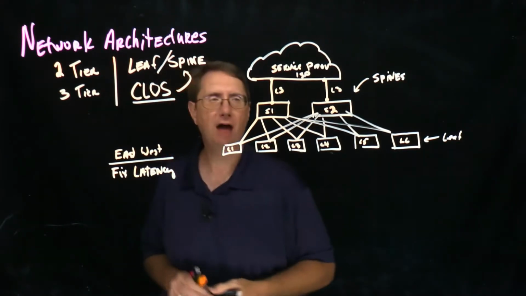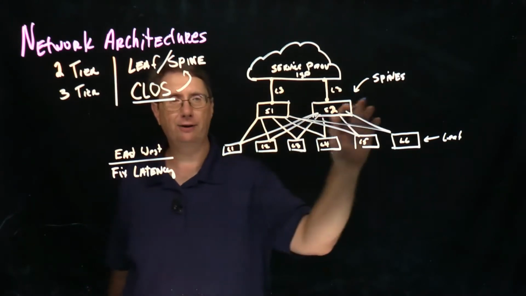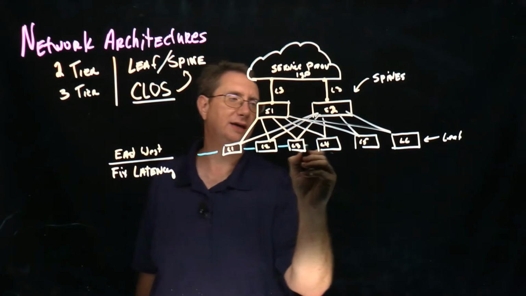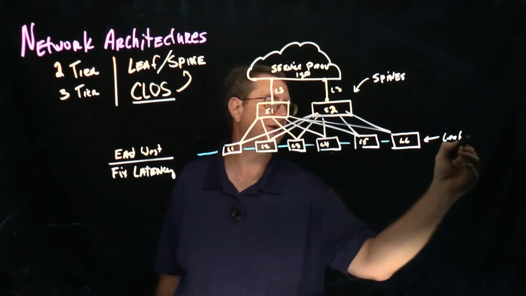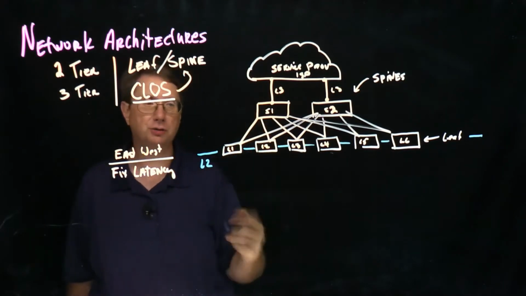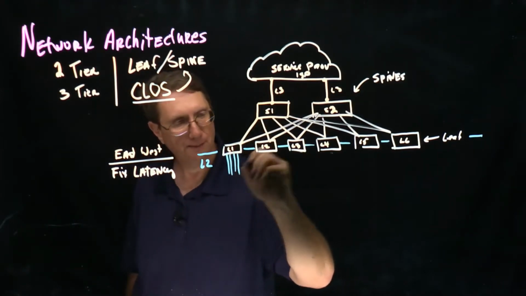But oddly enough, a lot of people think that it's here, but it's not. The point of demarcation is from the spine switches or the leaf switches down. So my layer 2 infrastructure resides here where I have my hosts.